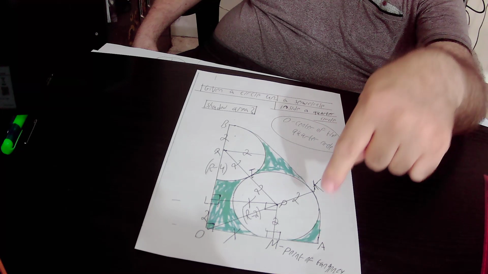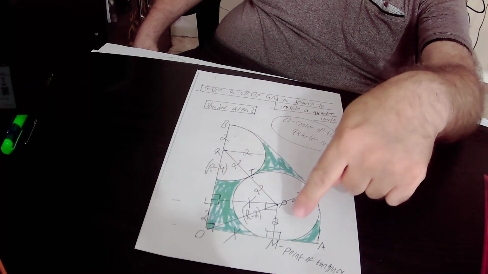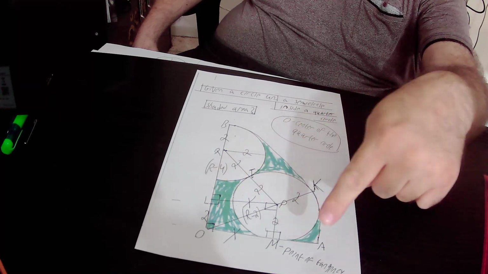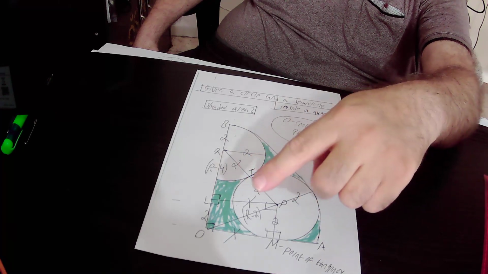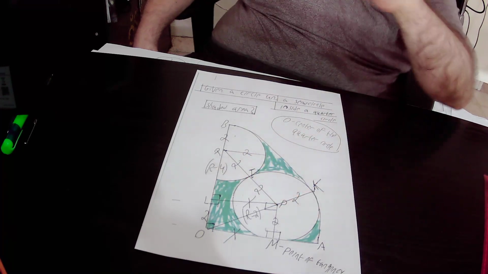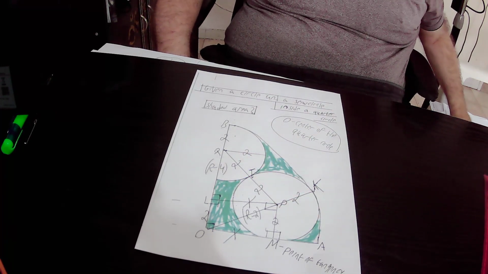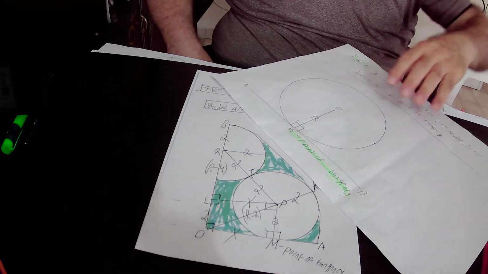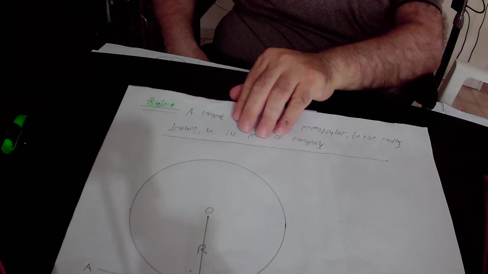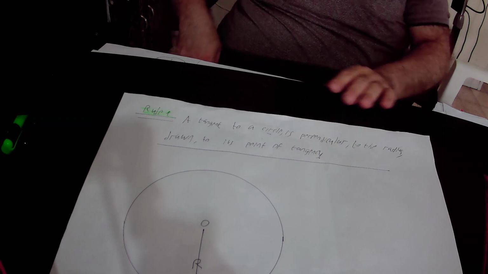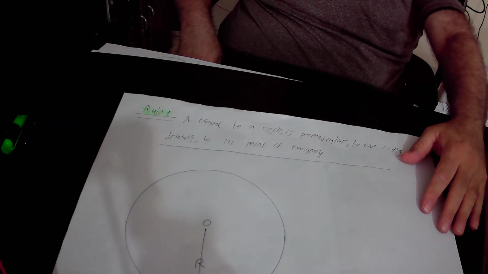We define the point of tangency of tangent OA with this circle as point M. And we also have rule number 1. According to rule number 1, a tangent to a circle is perpendicular to the radius drawn to its point of tangency.